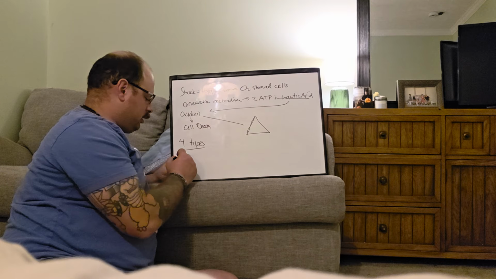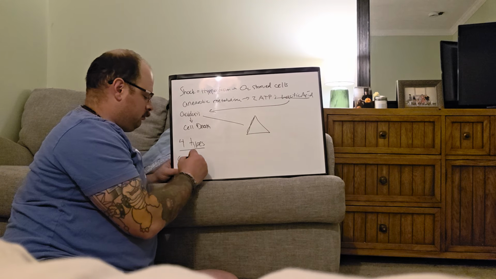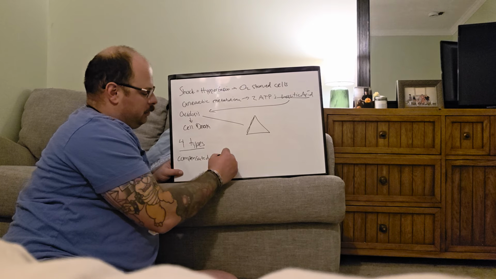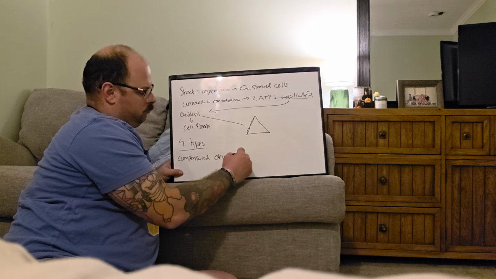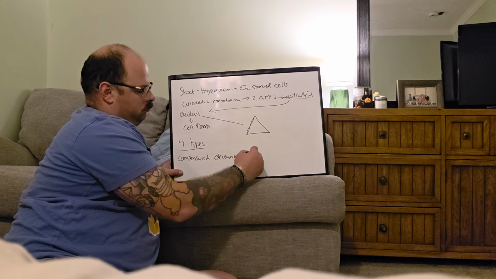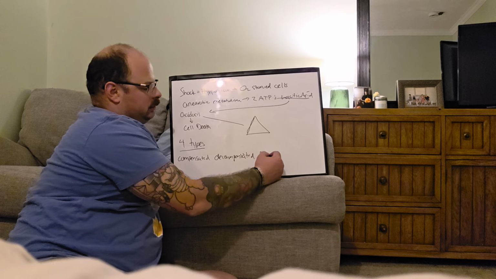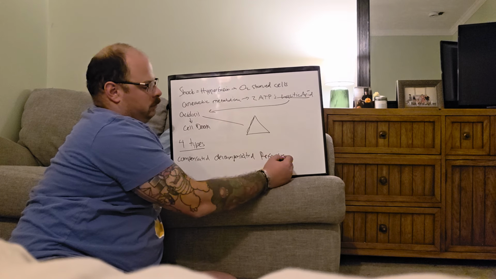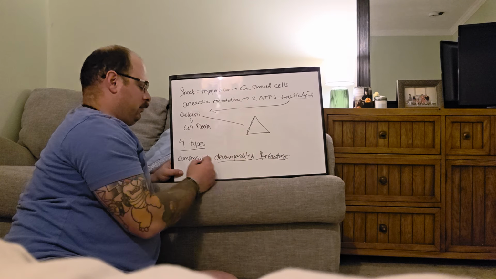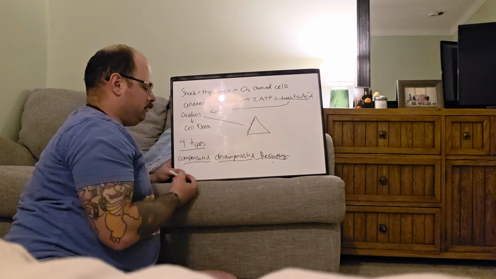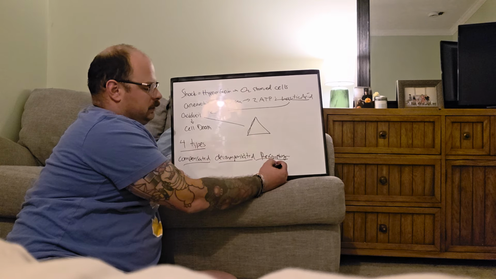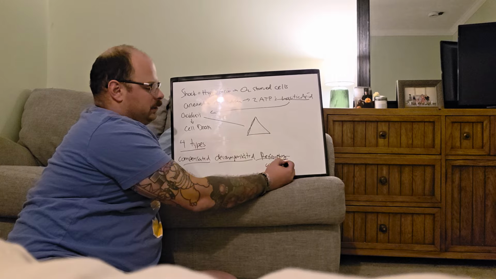And then we have our compensated, decompensated, and our refractory stages of shock. We obviously want to try and avoid getting to this refractory stage, right? Because we have something like 60% mortality if we get to that stage.